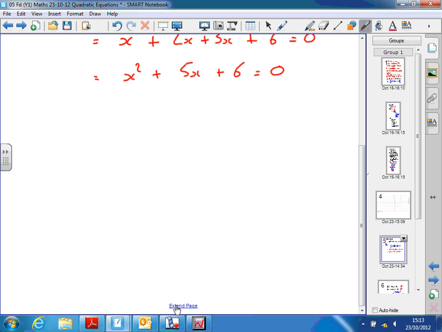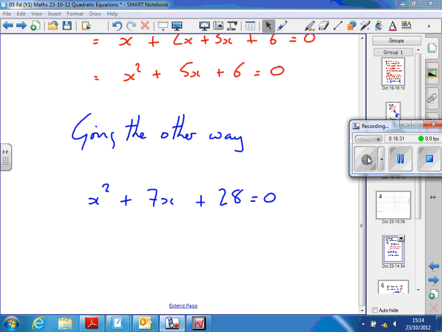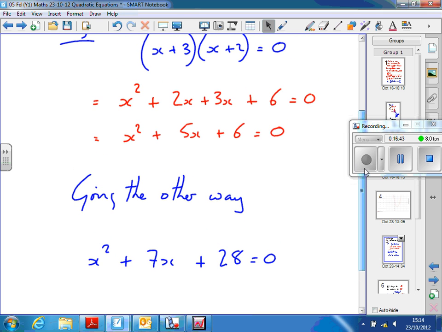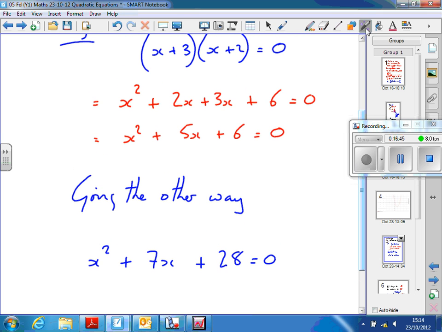So, for example, going the other way, look at this example: x squared plus 7x plus 12 equals 0. So what are the missing numbers there? Think about what we did in the previous one, how I arrived at the 5 and how I arrived at the 6. What must the missing numbers be there?